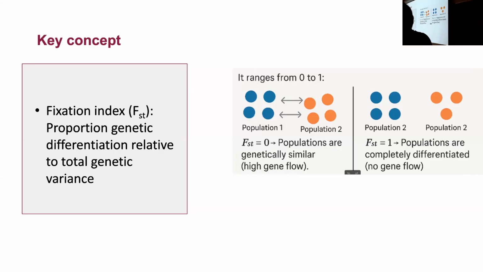If they can get in contact and they have inflow and have enough population size, the fixation index will be zero, because you can imagine it's like which portion of this can share alleles with this. Because all the portion can be shared the same, this index is zero. So when this index is zero, it means that the populations are genetically similar.